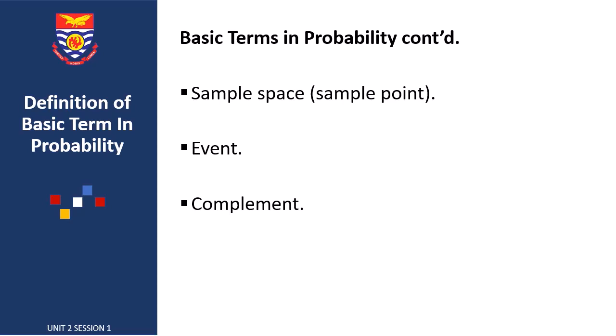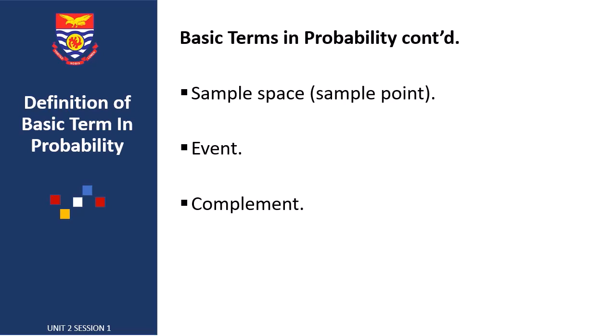When a die is thrown, what are the numbers that we expect? What are the possible outcomes? We could have 1, 2, 3, 4, 5, and 6. All those are possible outcomes that we could observe. We said all those possible outcomes are what we refer to as the sample space of that particular experiment.